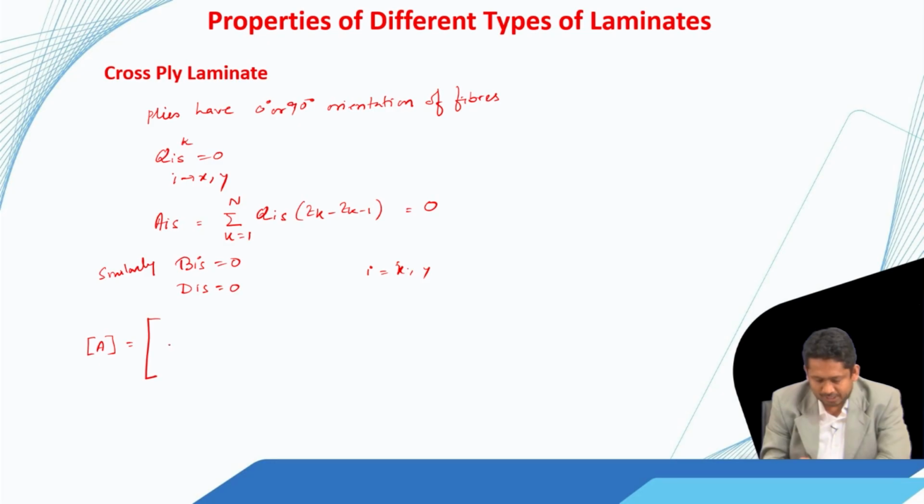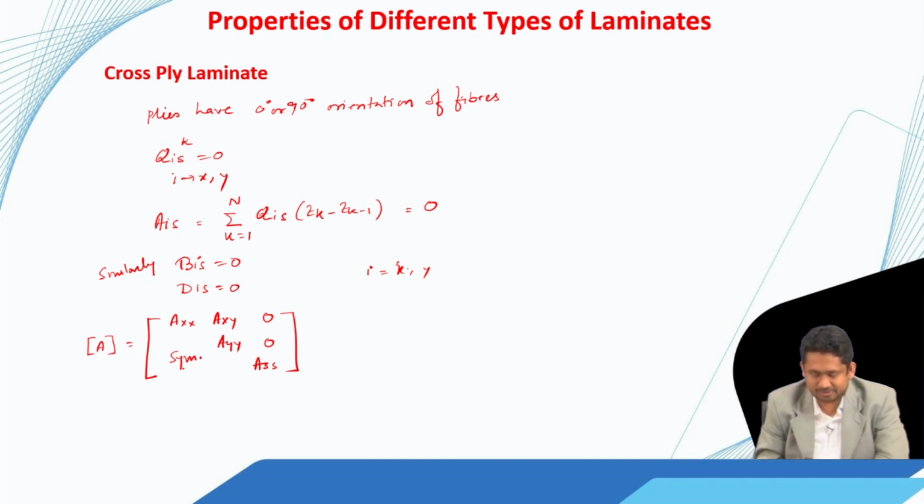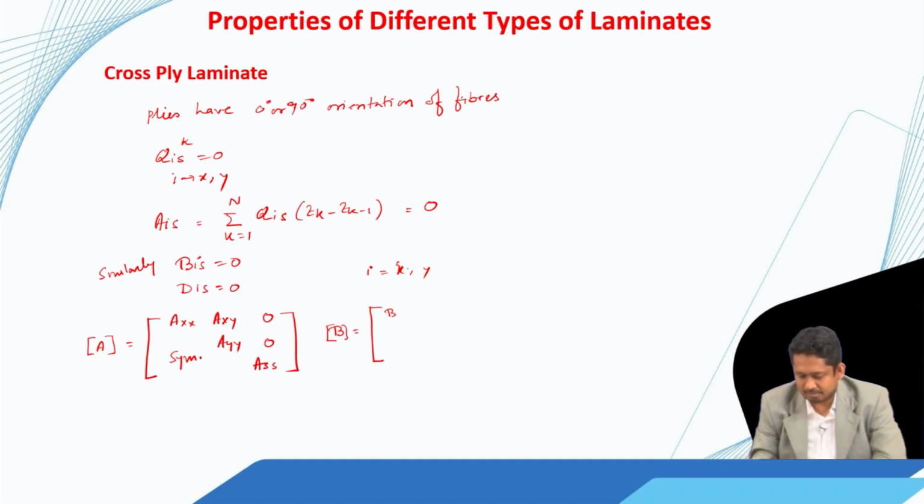That means AXS is 0, AYS is 0, BXS is 0, BYS is 0, DXS is 0 and DYS is 0. So, the A matrix looks like this: AXX, AXY, 0, then AYY, 0, and then ASS, and that is symmetric. Similarly, the B matrix would look like this: BXX, BXY, 0, then BYY, 0, and then BSS, and this is symmetric.